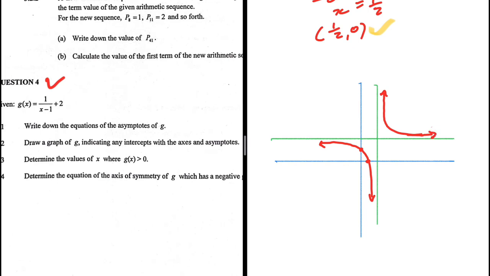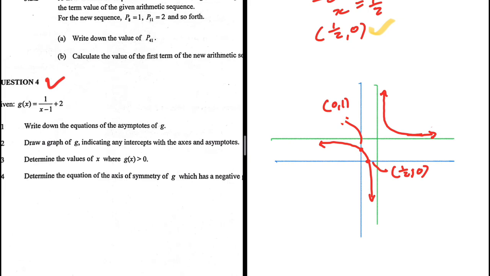We have our graph. Let's just indicate the points of interest. Here we have a half and 0, and here we have 0 and 1, and here we have the intersection of our asymptotes. It's not a coordinate because the graph doesn't touch there, so let's just leave that point.